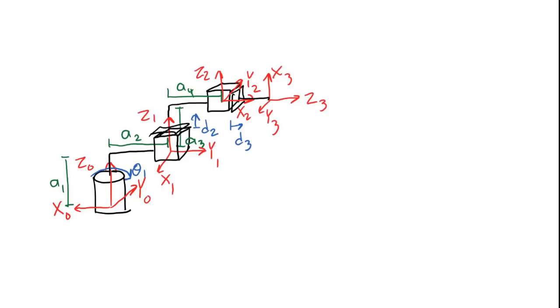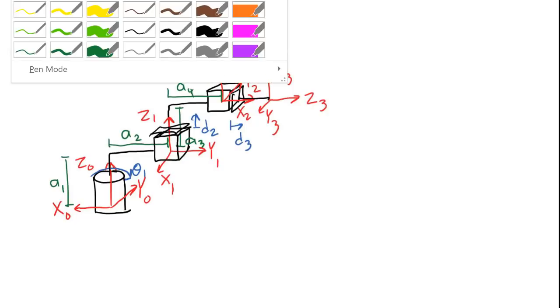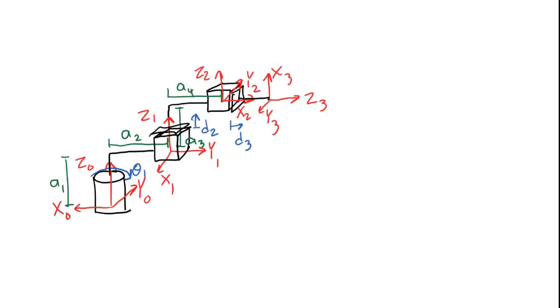We're going to start out by thinking about the rules that we just used to draw the frames. We want to see if we can find any cases where the Z rule is broken, or the X rules, or the right-hand rule. Okay, so let's use orange to circle these maybe.